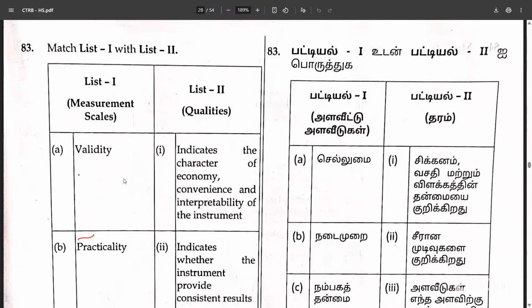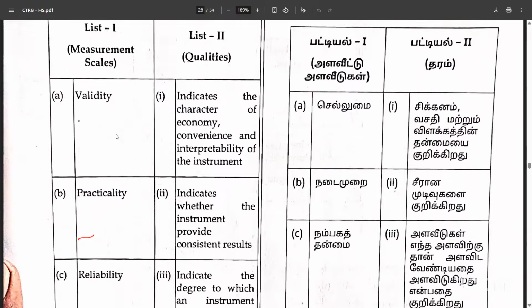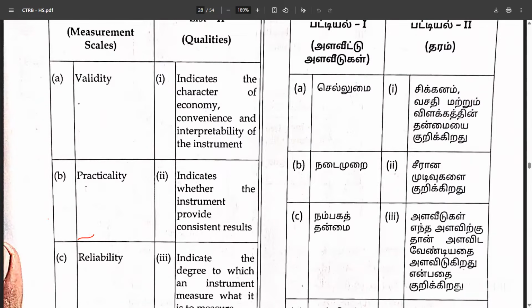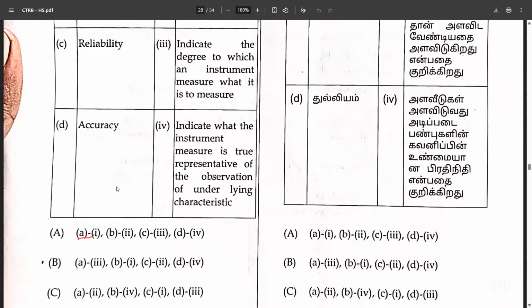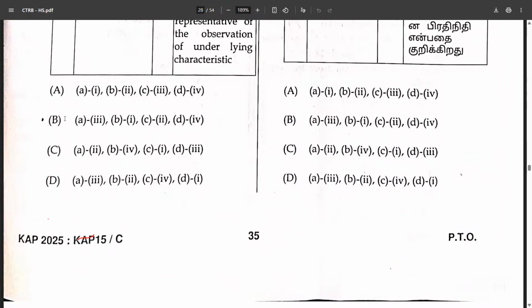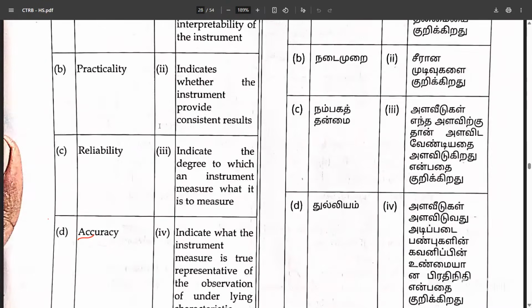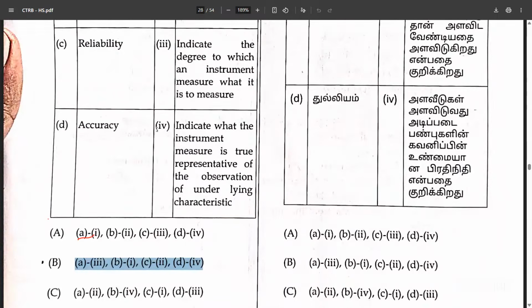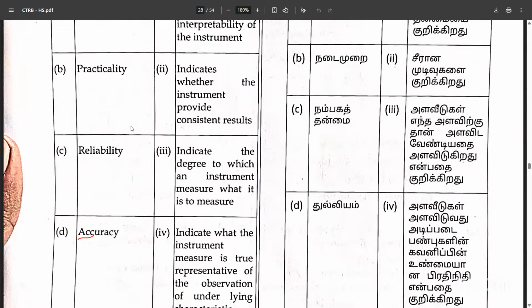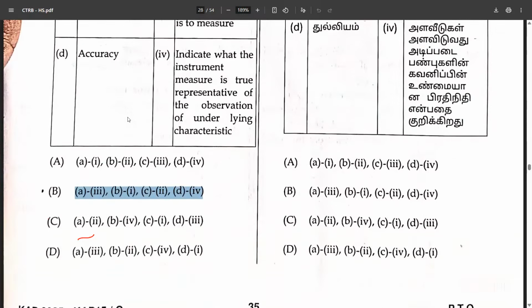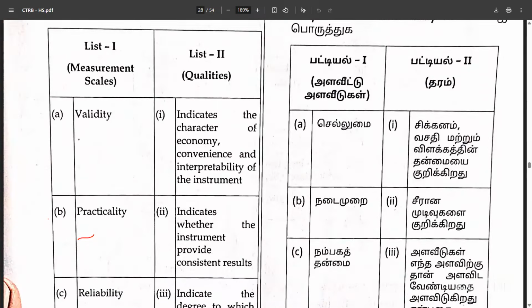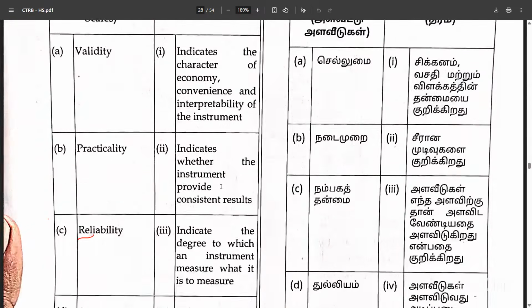83 question is measurement scale and their quality: validity, practicability, reliability, and accuracy. So the correct match will be B. When we talk about validity, validity will be matched with indication that degree to which an instrument measures what it is to measure. Then practicability will be matched with indicates the character of economic convenience and interpretation of an instrument.